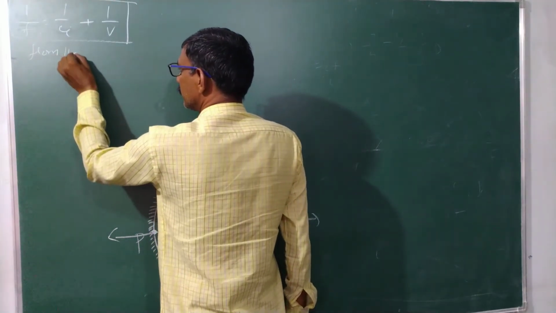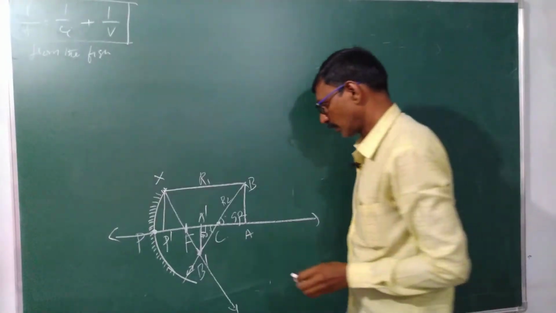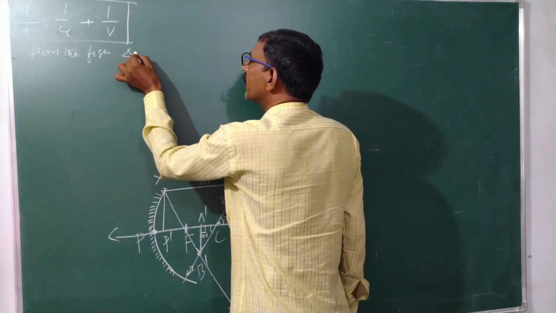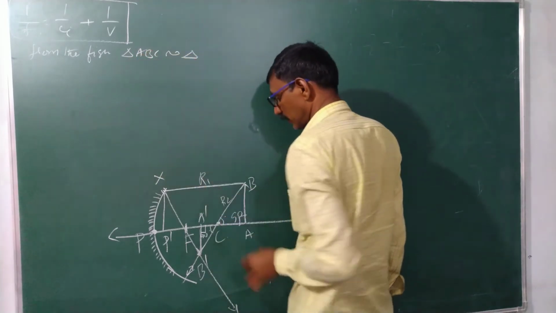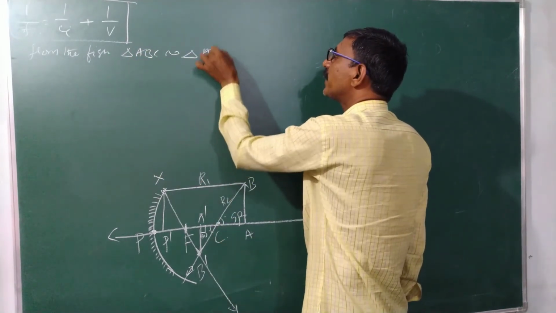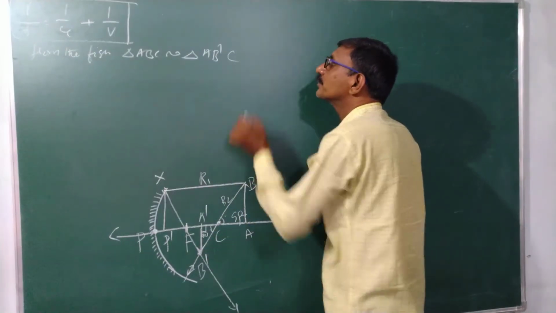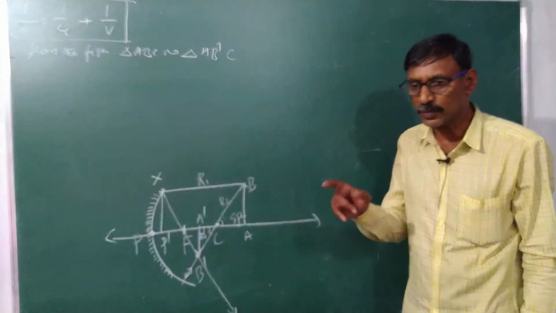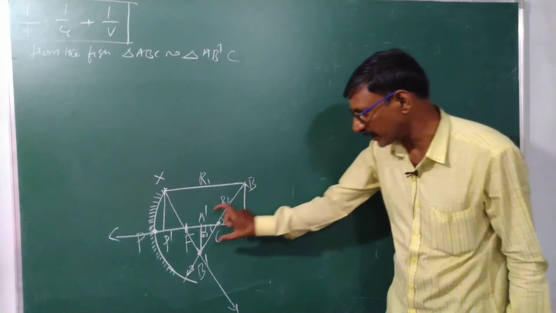From the figure, triangle ABC is similar to triangle A dash B dash C. Then corresponding sides are in proportion. I would like to take this by this.